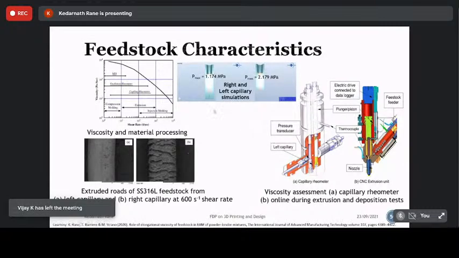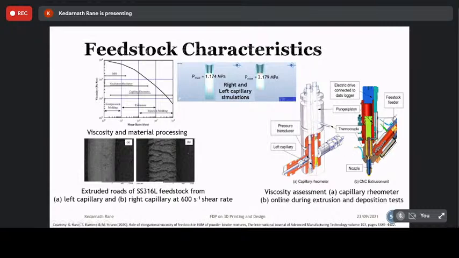And we did some modeling for different extrusion pressures, because to simulate the process physically, there is a system called a capillary rheometer. We studied the extrusion behavior to understand the melting behavior, both as a simulator and in the machine itself. That's why we call it online rheology.